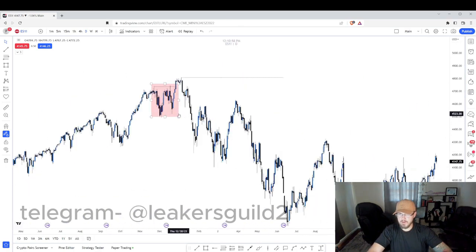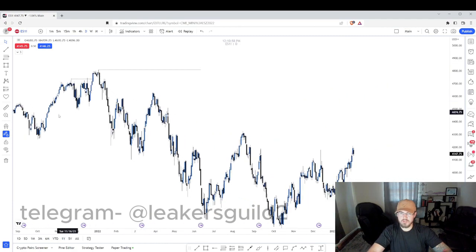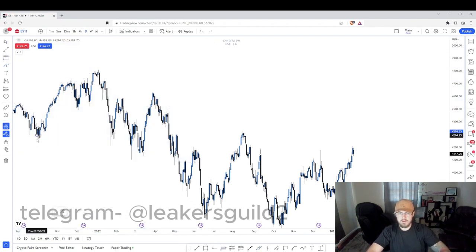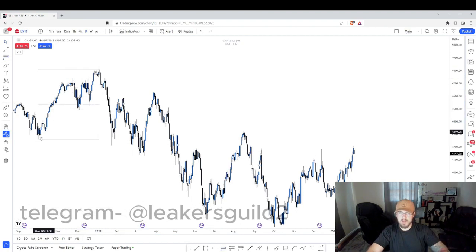So that would be an internal leg. But if we're looking at our external structure, we can see that this low we move pretty aggressively off of. So we're creating a range. We also took out an old high. So this is a pretty big move, and this is something I would consider an external range. Not this right here, not this, but the entire move.